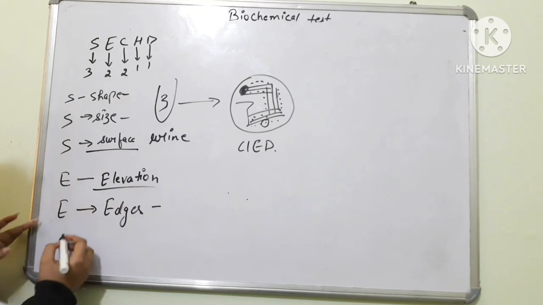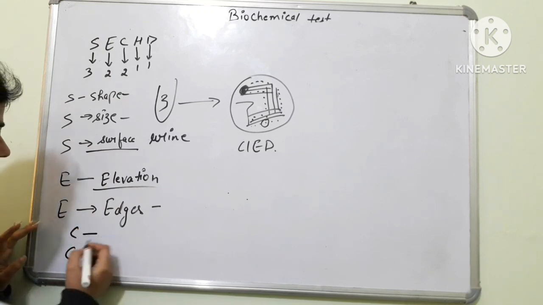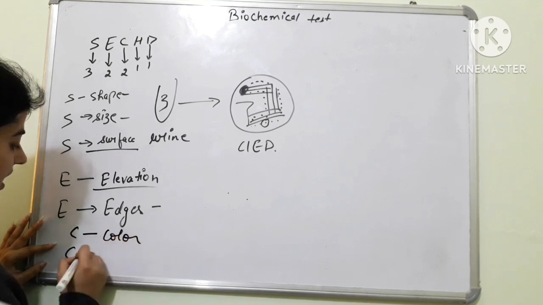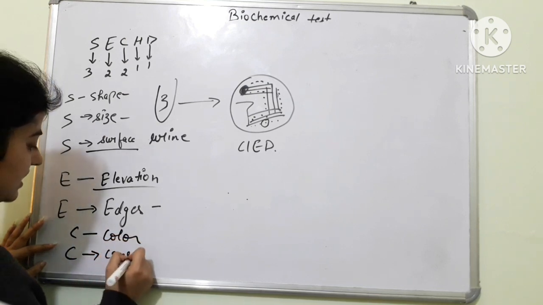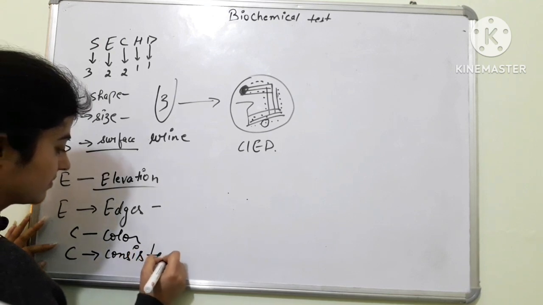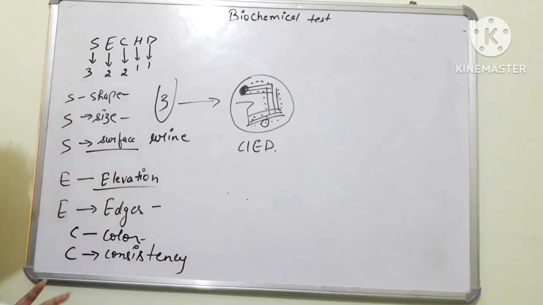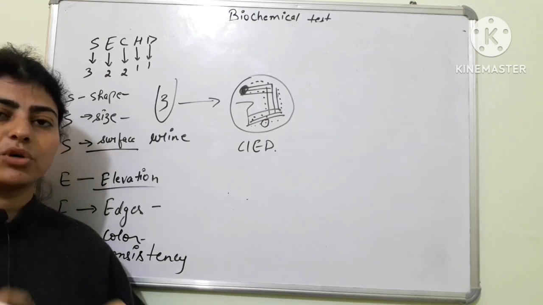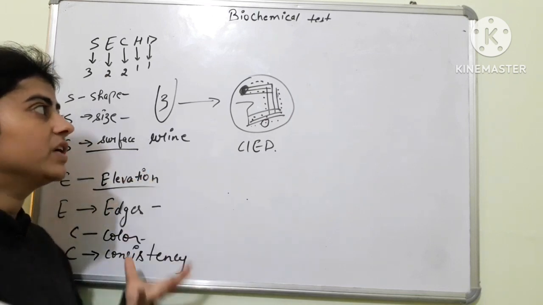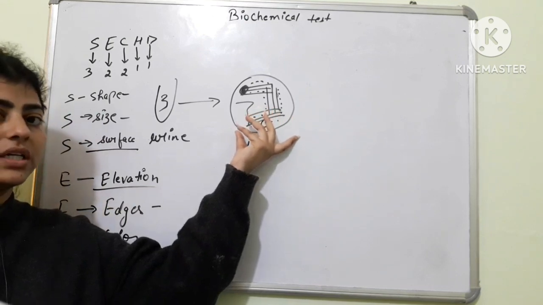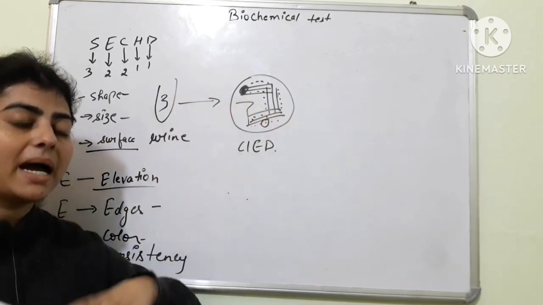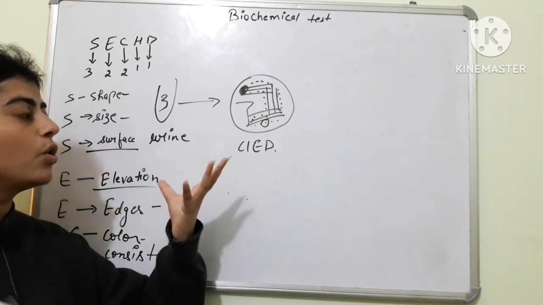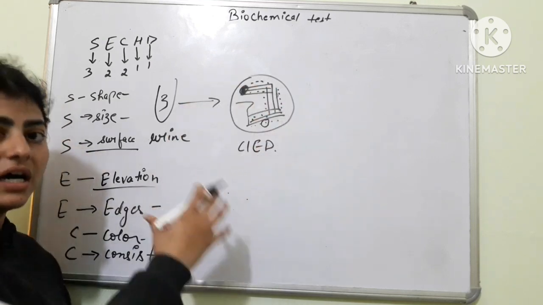Next we have C, 2C. 2C means the first one is color and the other one is consistency. Color means there would be production of color. When bacteria grow in a Petri plate, they might form colored colonies, or it may be possible that the whole color diffuses in your agar.